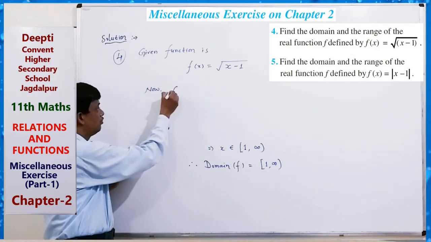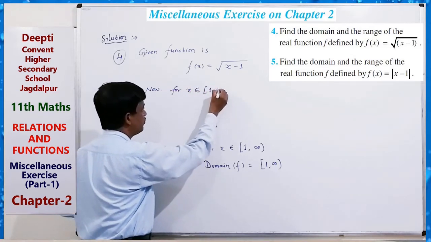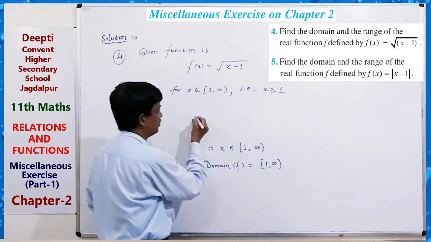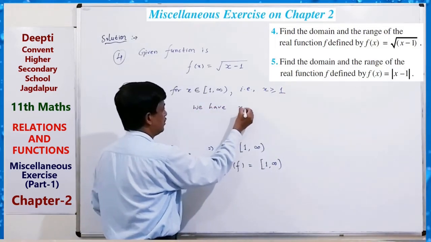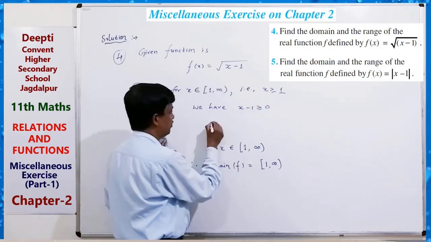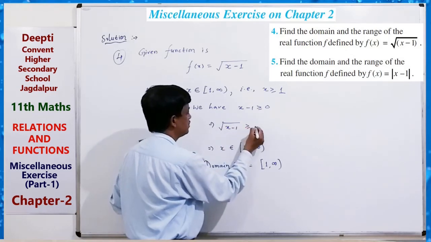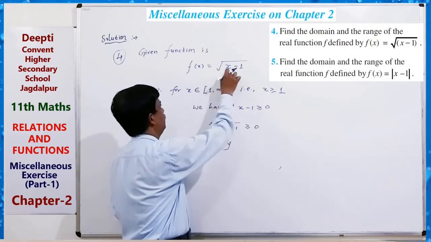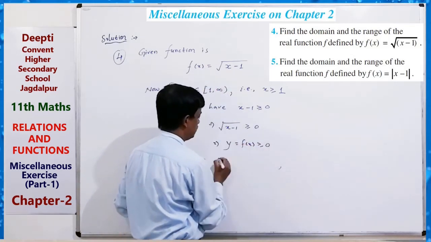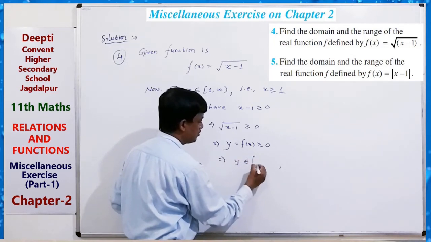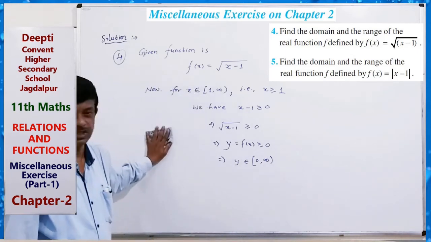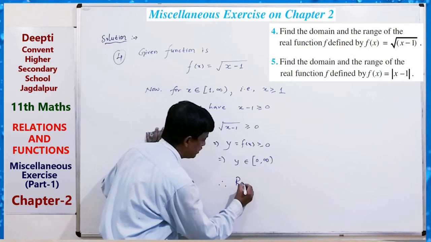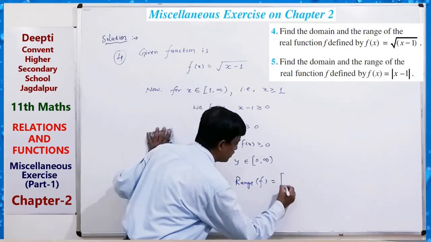Now for x belongs to [1, infinity), we have x minus 1 is greater than or equal to 0, implies root of x minus 1 is greater than or equal to 0, that is f(x), y is greater than or equal to 0, that is y belongs to [0, infinity). Therefore the range of f is [0, infinity).